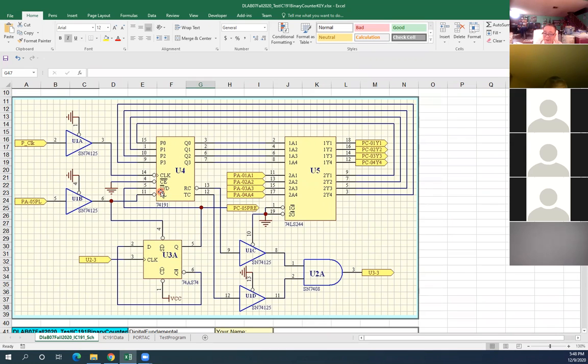You see that? You must be counting down. And if it is 0, it's counting up, right? 0 is count up. But at the beginning, when you load any number, then pin number 5 of U3 must be 1. And that means you start counting down.